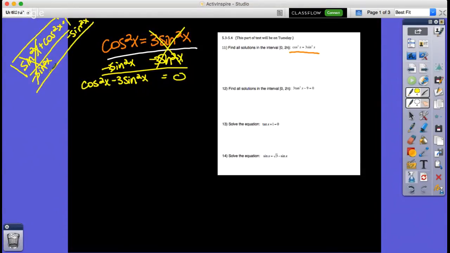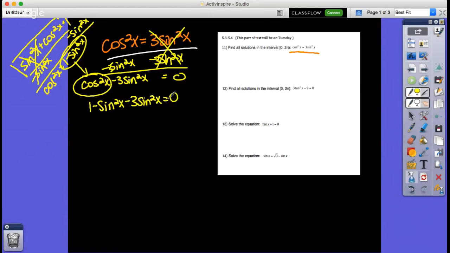This cancels, getting me cosine squared of x equals 1 minus sine squared x, okay? So this would end up being plugged in for that right there. So I've got right now 1 minus sine squared x minus 3 sine squared x equals 0.